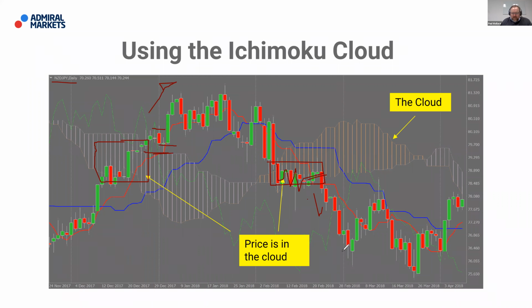When price is beneath the cloud, we have a bearish bias. Very simply, price above the cloud, we're bullish. Price beneath the cloud, we're bearish. Price inside the cloud, we're flat and congested. We don't want to be trading when price is like that. Very simple.